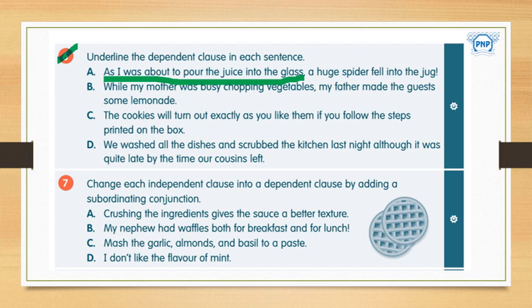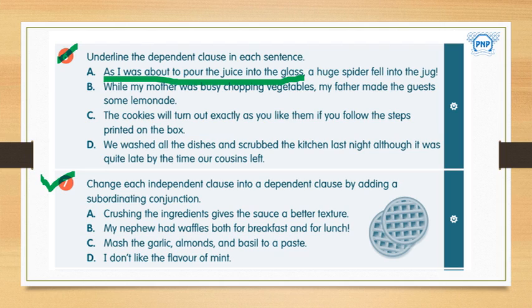Yes, very good. Next, the seventh one: change each independent clause into a dependent clause by adding a subordinating conjunction. Here you are supposed to add a subordinating conjunction to the given independent clauses and change them into dependent clauses. Crushing the ingredients gives the sauce a better texture.